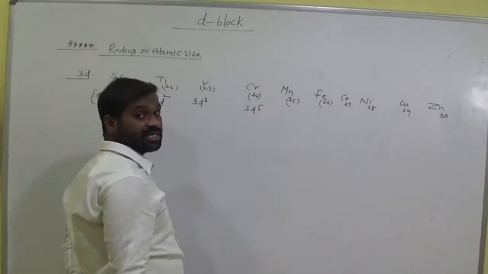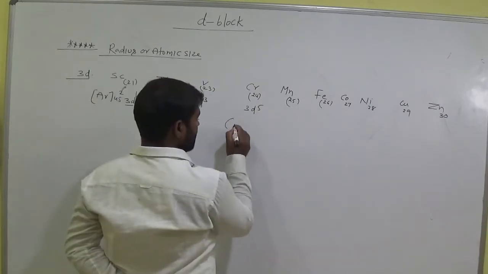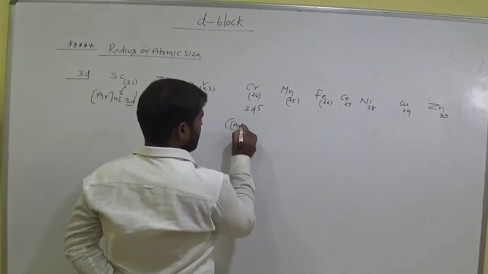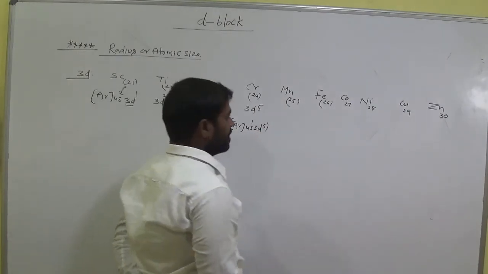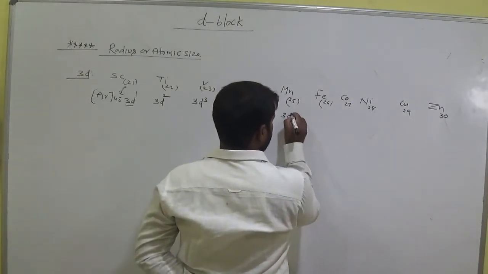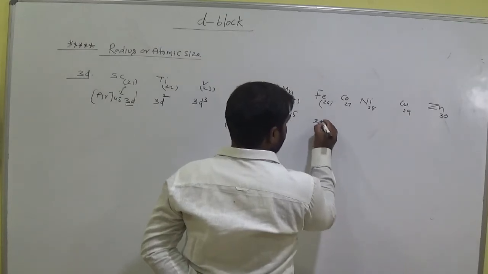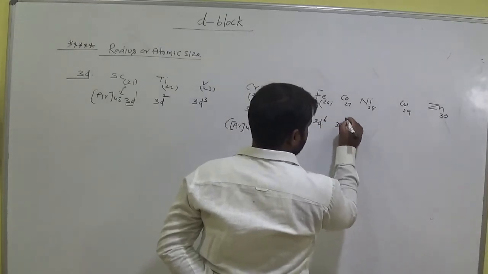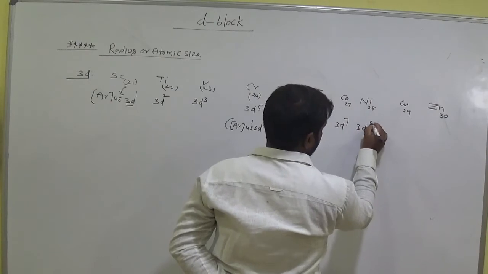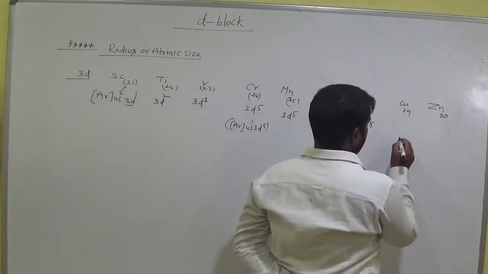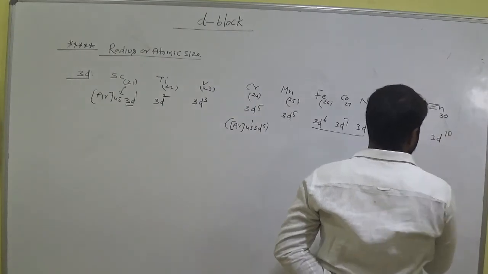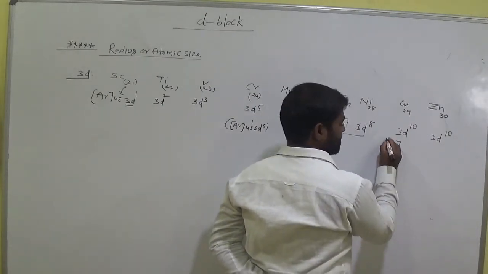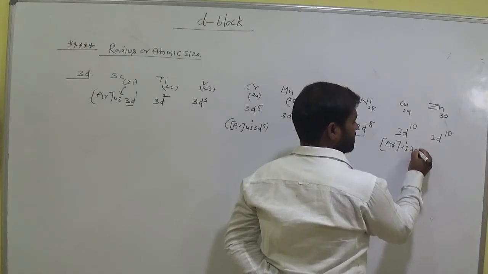Chromium has a special electronic configuration, don't forget that: argon 4s1, 3d5. Manganese also has 3d5, iron 3d6, then 3d7, 3d8. Copper has 3d10 and also a special configuration, 4s1, 3d10.